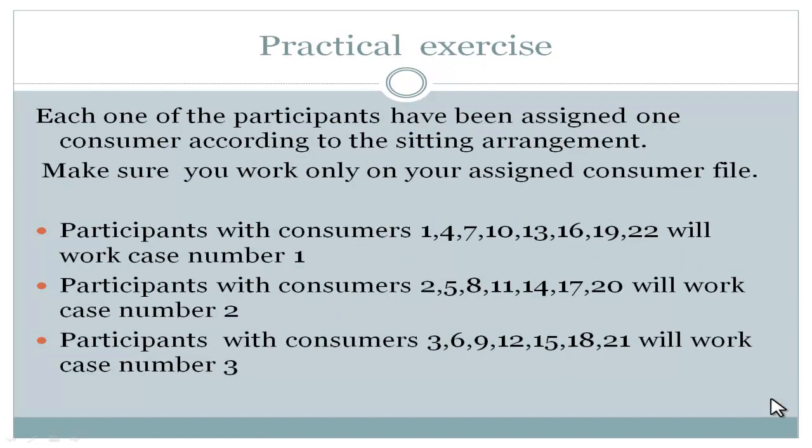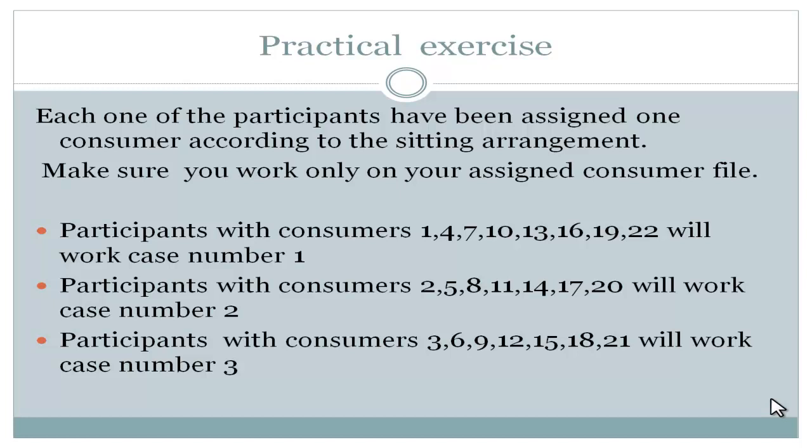Once you're there, you will be assigned one consumer according to your seating arrangement. So make sure you work only on your assigned consumer file, because that's the file that we will be evaluating. And since you'll be using your own personal user, we will know who worked on which consumer in this exercise.